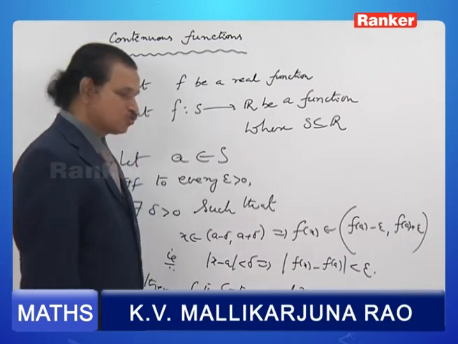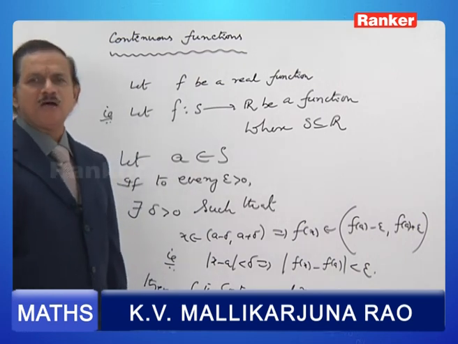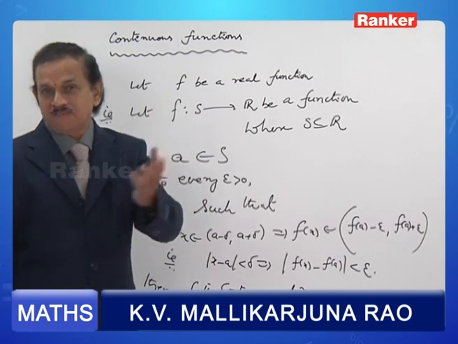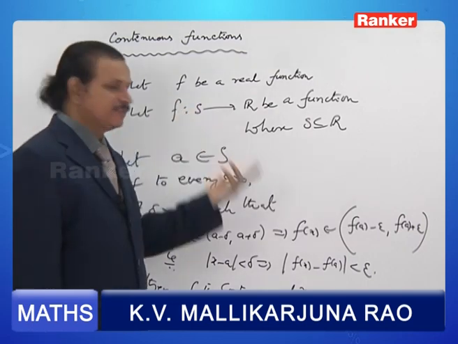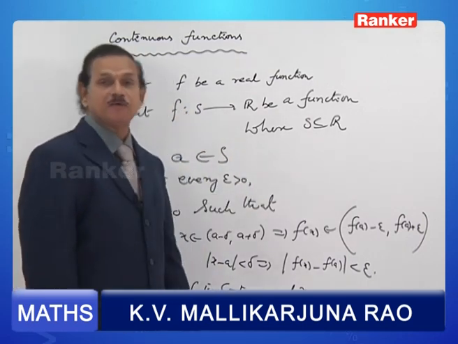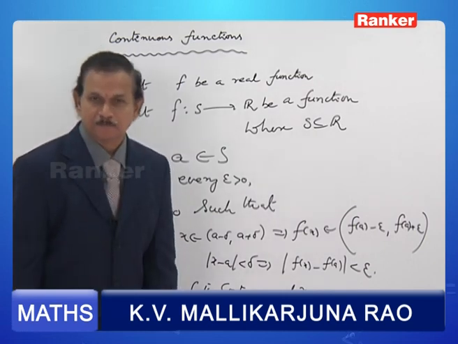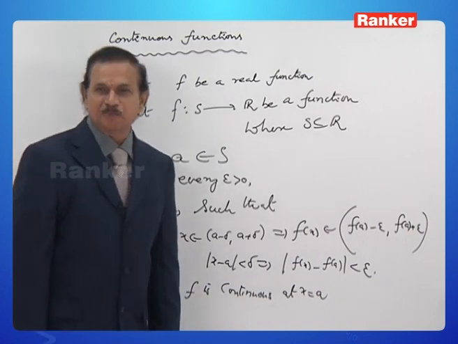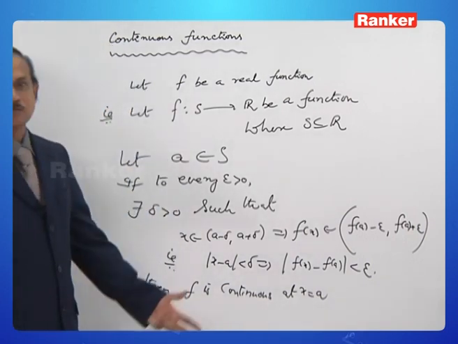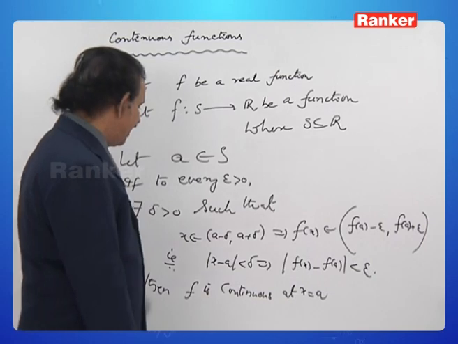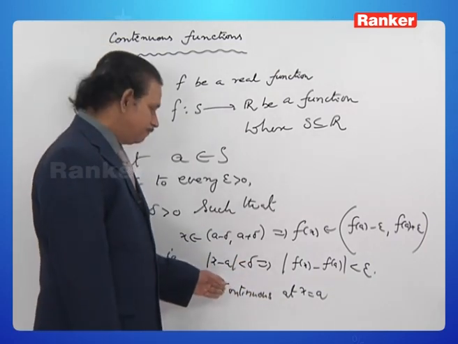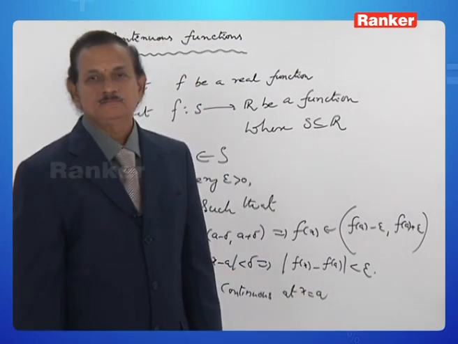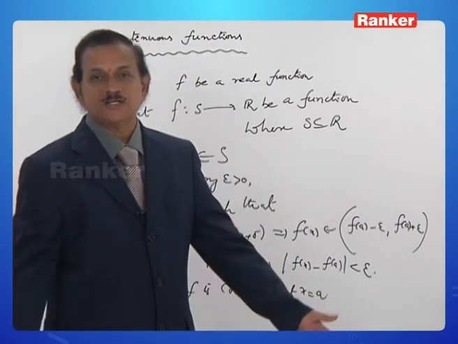Equivalently, for all those points around the neighborhood of A, their images, that is f of x's, should lie in the neighborhood of f of A. And it is possible to express this in terms of modulus symbols also. That is, whenever mod x minus A less than delta, mod f of x minus f of A is less than epsilon. This is continuity of f.